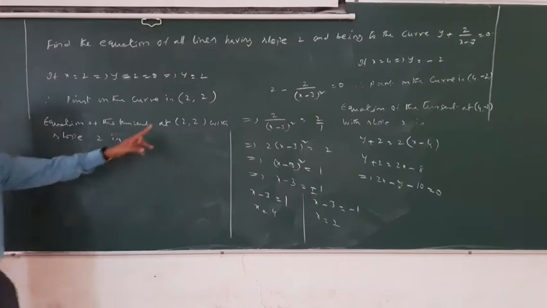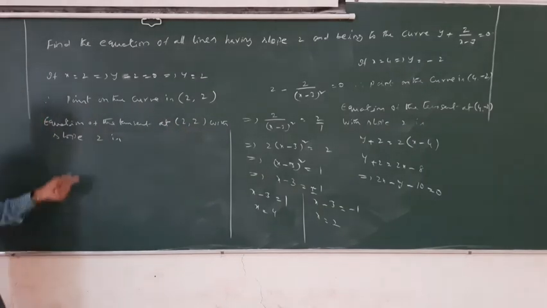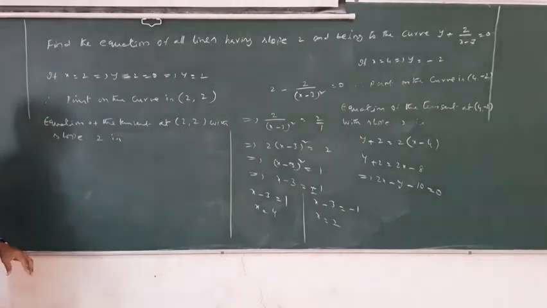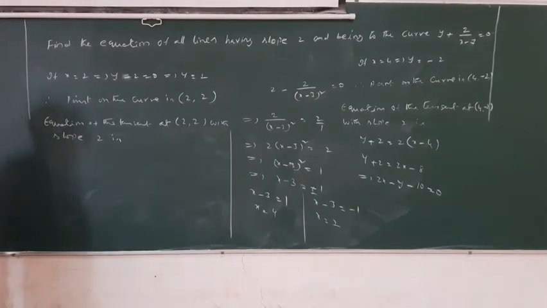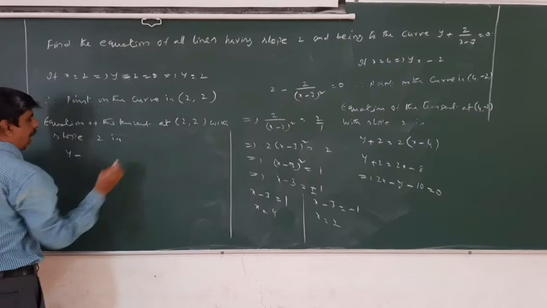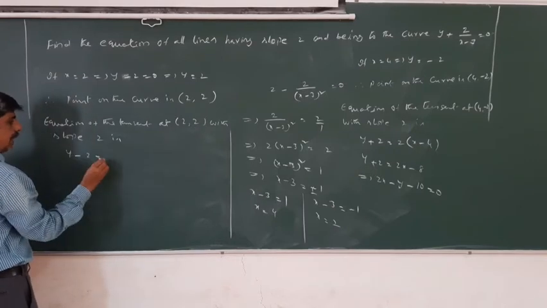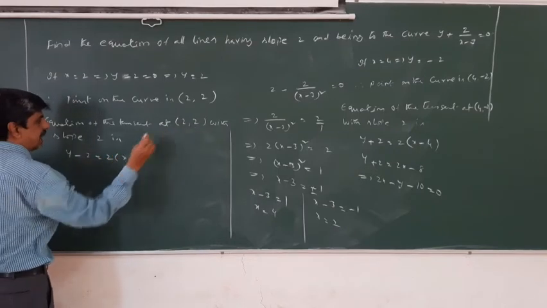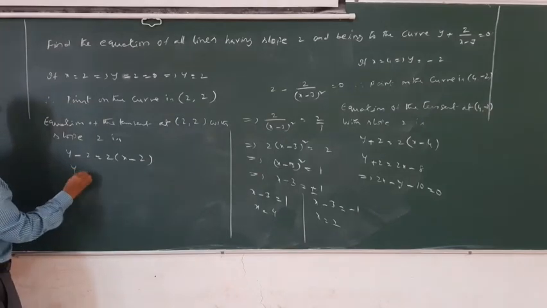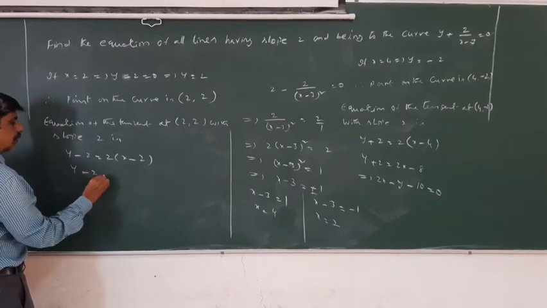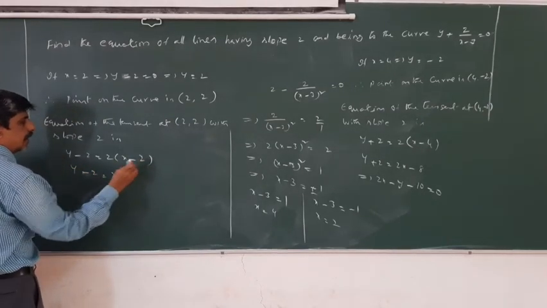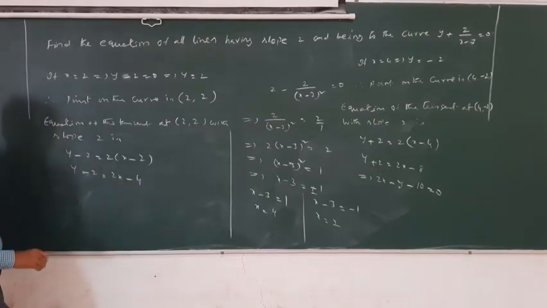So, equation of the line passing through the point (x1, y1) having slope m is y minus y1 is equal to m into x minus x1. So y minus y1 is 2 is equal to m is 2 into x minus x1 is 2.